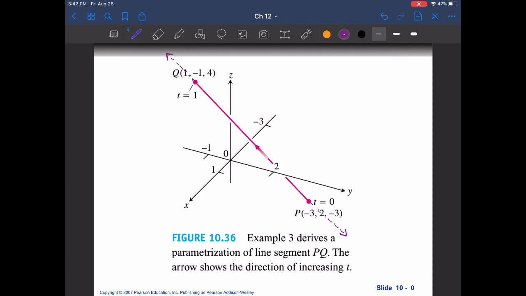The goal here is to do the exact same thing, find an equation for the line, but then limit t, putting ranges on values of t such that we start at one point, go the direction that the arrow is pointed, and end over here, and we don't go outside it. So you're going to do all the same things, get the same line, but then limit the t values to make sure you're staying and going in the direction that you want to go.